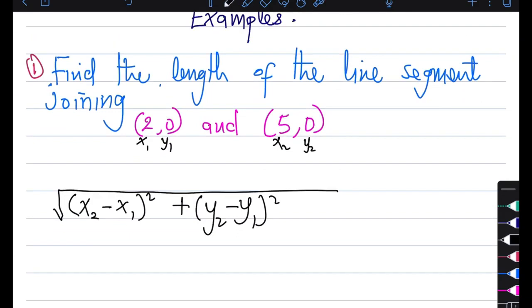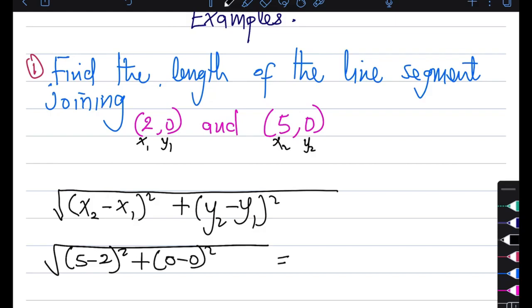So we will get the square root of (5 minus 2) all squared plus (0 minus 0) all squared. And now 5 minus 2 will be 3, and 3 squared is 9, so the square root of 9 is 3 units. So this is how to apply the formula to solve problems.